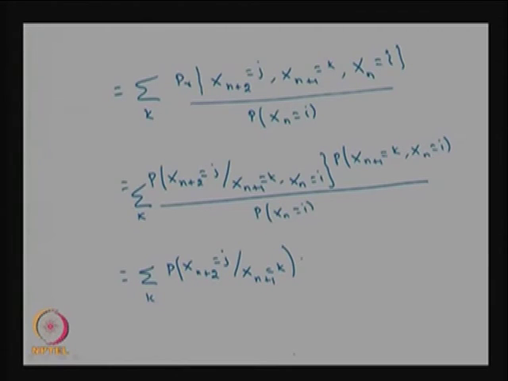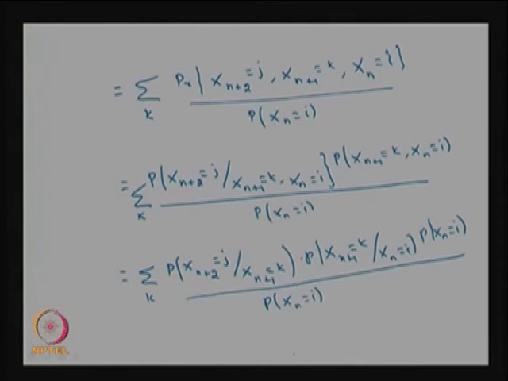I can again write it as the probability of X_{n+1} takes the value k, given that X_n takes the value i, times the probability of X_n takes the value i, whole divided by the probability of X_n takes the value i. So, this and this get cancelled.